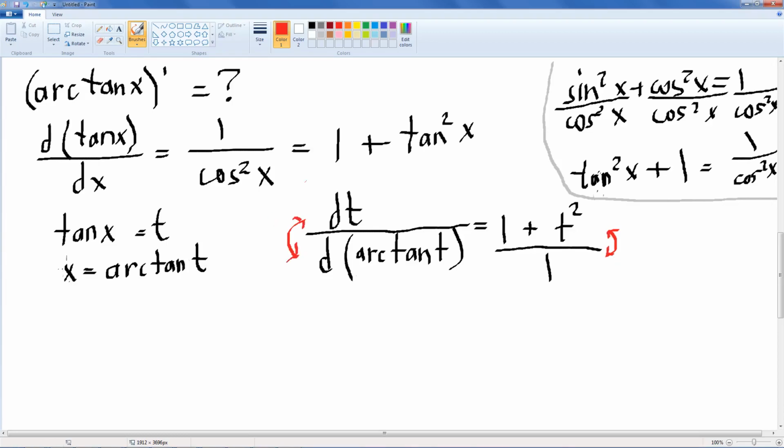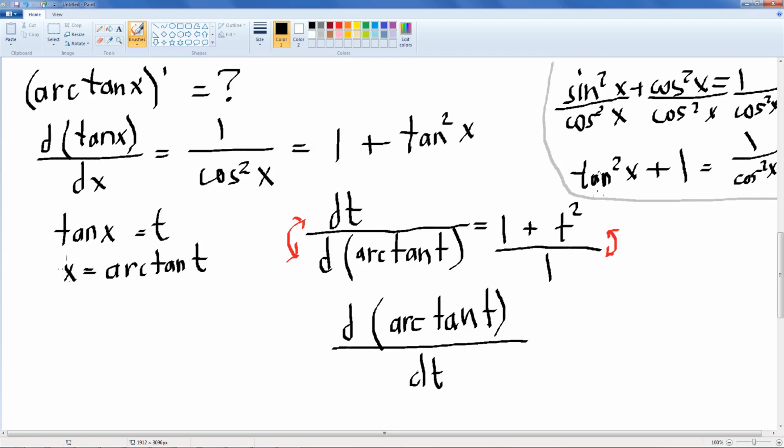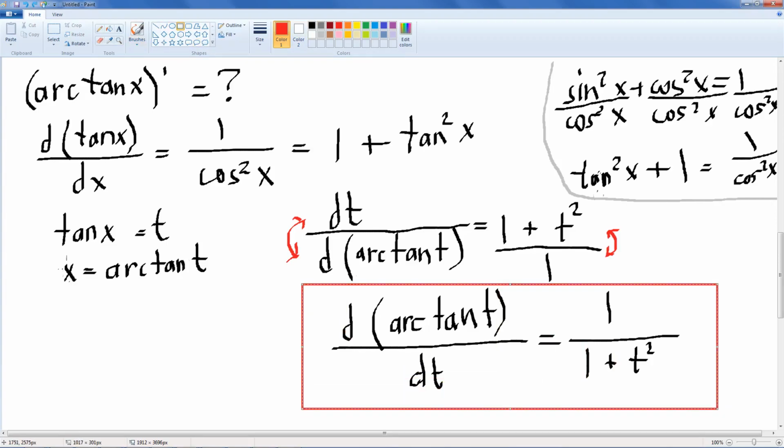And so what we're going to get is d of arctangent t over dt is actually equal to 1 over 1 plus t squared. And that is the answer. That is the derivative of arctangent of t.